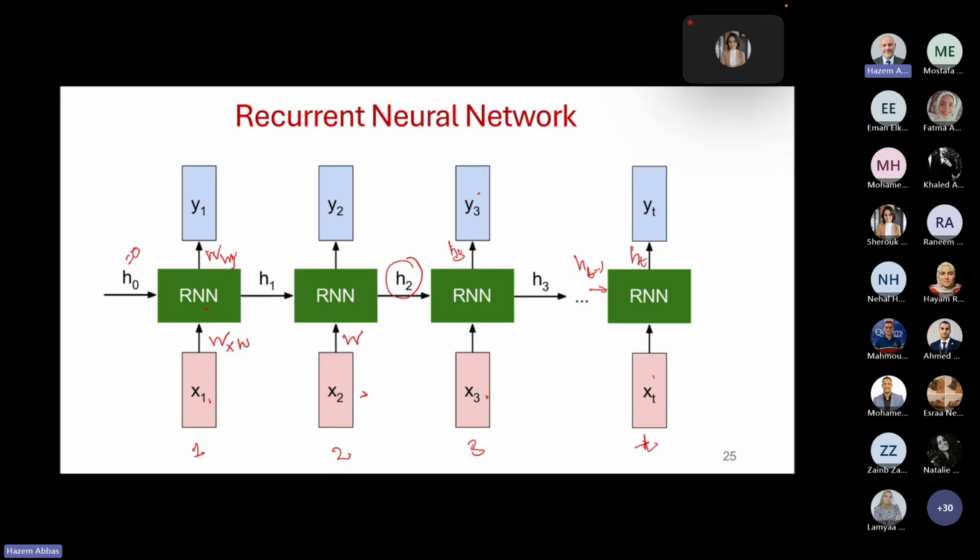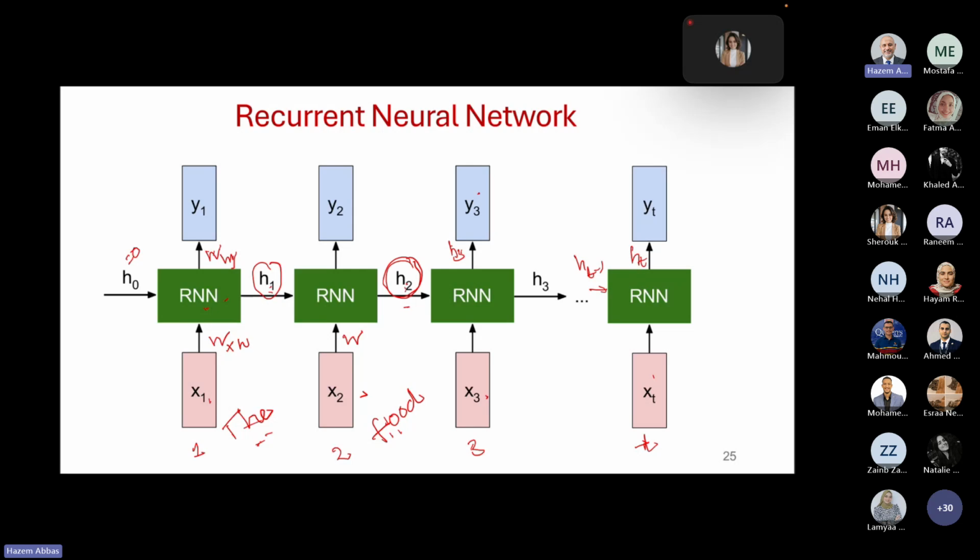So the output of the hidden layer the first time, H1, will have some sort of representation about the word "the". The second word, when you enter "food", in order to make food somehow related to "the", you use the representation of "the" to produce H2, which will represent the two words, "the food".